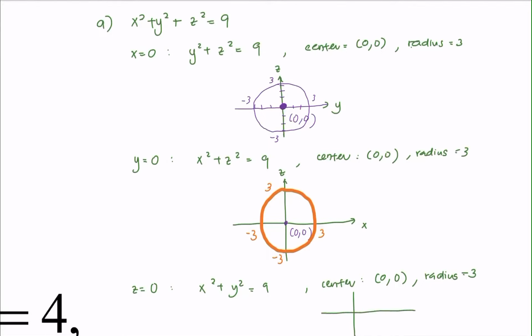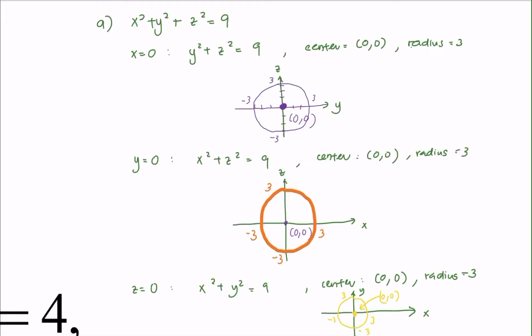We have x and y, and let's use yellow here. So we will have 3, minus 3, minus 3, and 3. The center is still 0, 0.